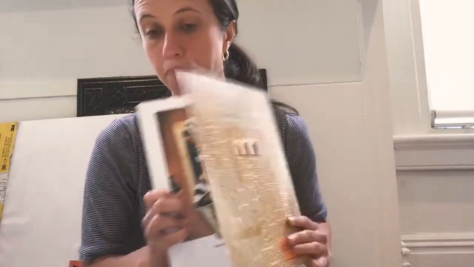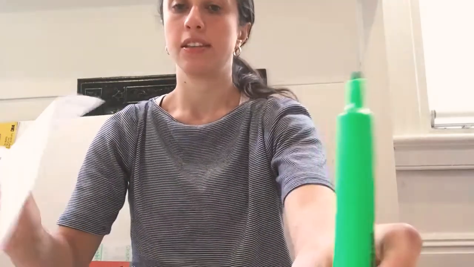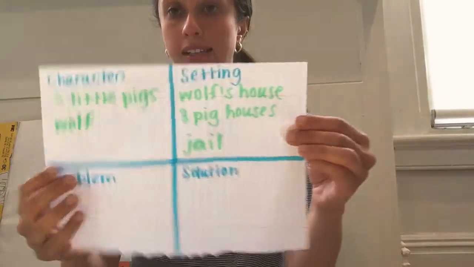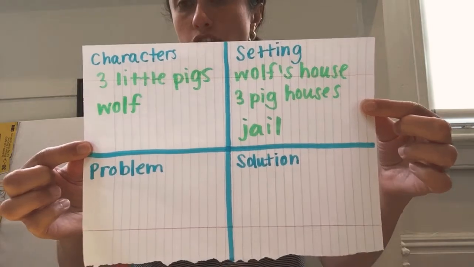In jail or something. So we have the wolf's house, the 3 pig houses, and the jail cell. Okay, so that's what I wrote for my setting. The wolf's house, 3 pig houses, and jail.